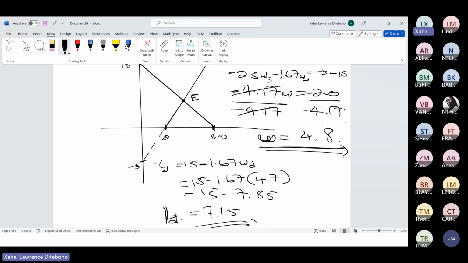It means here we're supposed to use 4.8. And when you use 4.8, that becomes 1.67 times 4.8. Then what do we have there? We have 8.